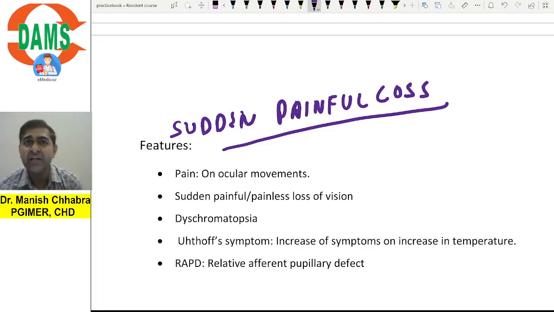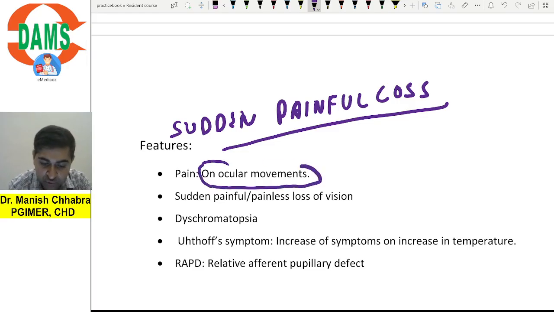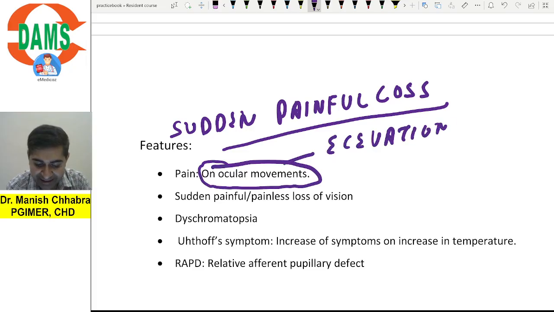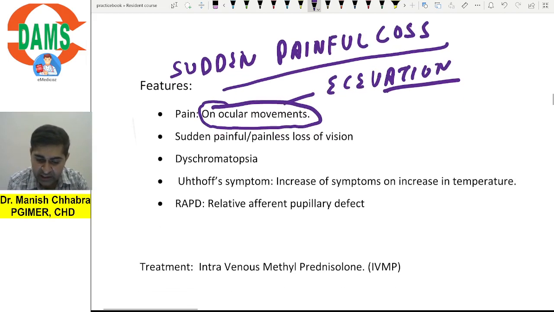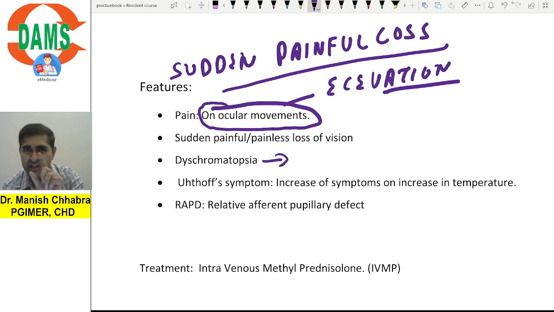So when the patient has optic neuritis and you ask the patient to look upwards, there is typical pain on elevation, on ocular movements. And what is dyschromatopsia? Dyschromatopsia is loss of ability to differentiate red and green color.